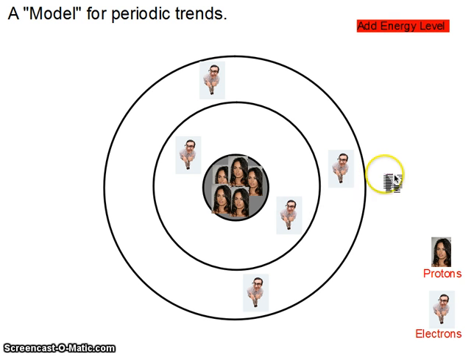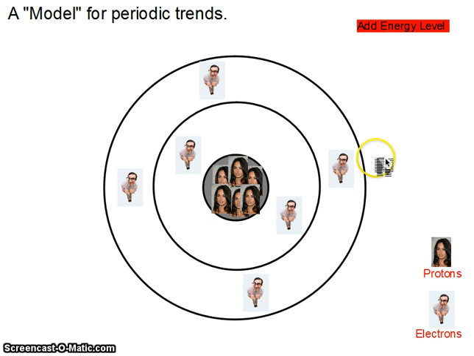Okay? So this whole idea of if you add more protons without adding more energy levels, increasing the pull, is very important to understanding how these trends work. And also the idea of adding more energy levels causing the pull to weaken is also very important because, again, when I added that second energy level, the pull from the nucleus is blocked by the inner energy level.